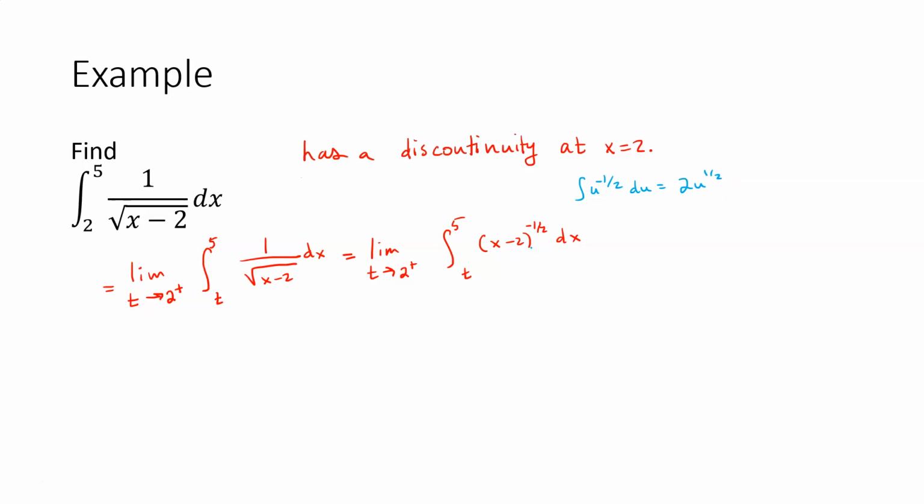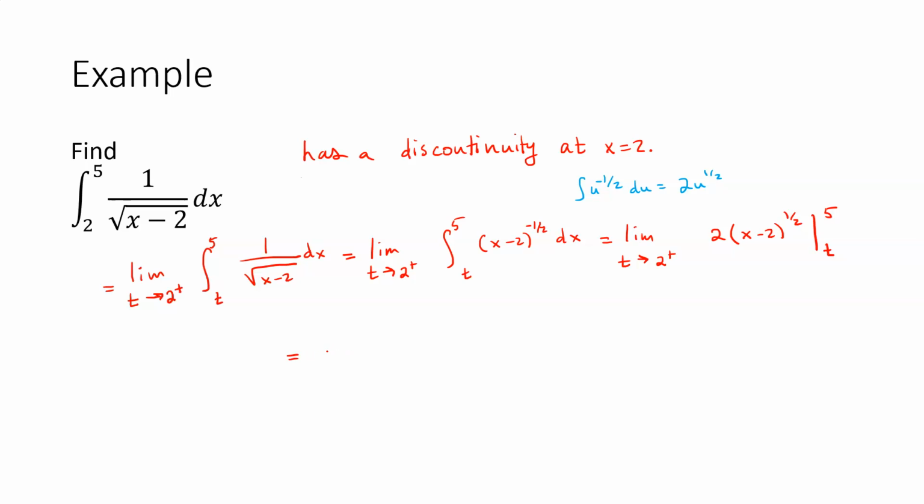So we'll have the same thing here with just x minus 2 instead of u. So it'll be 2 times (x minus 2) to the positive 1/2 power, and then we'll evaluate from t to 5.